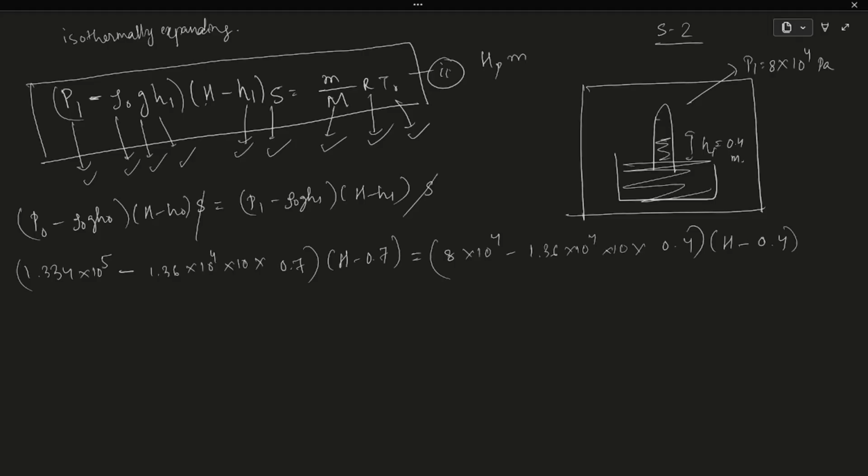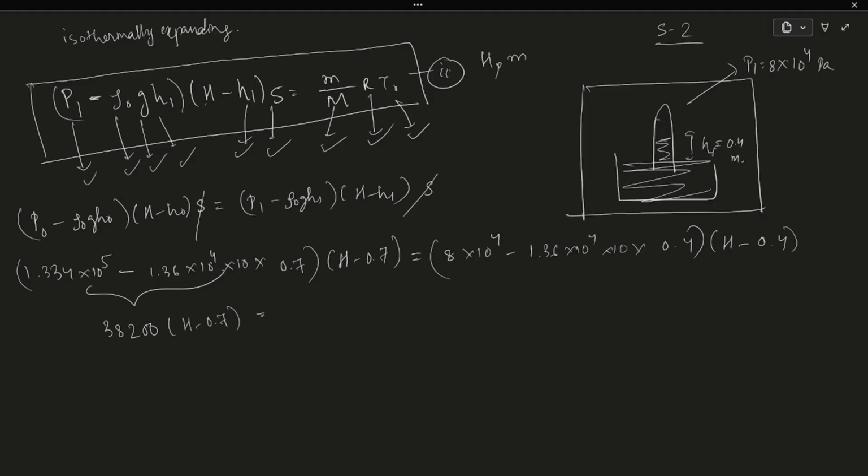So 1.334 into 10 to the power 5, then minus sign 1.36 into 10 to the power 5 into 0.7. This value comes as 38200 into H minus 0.7.